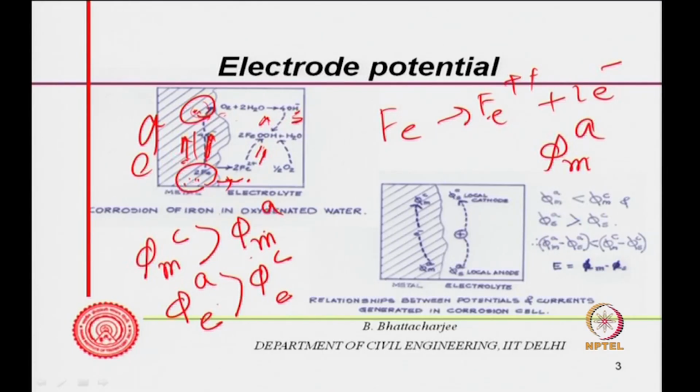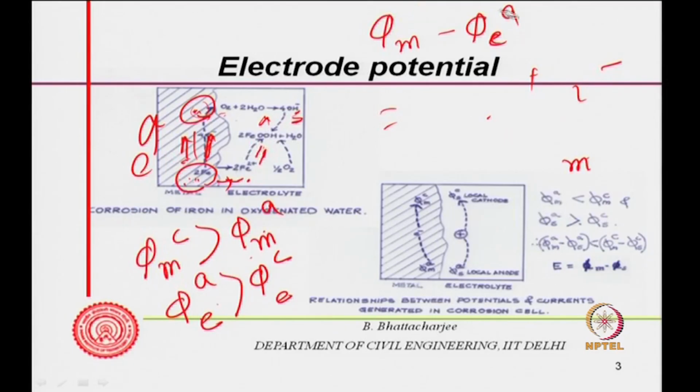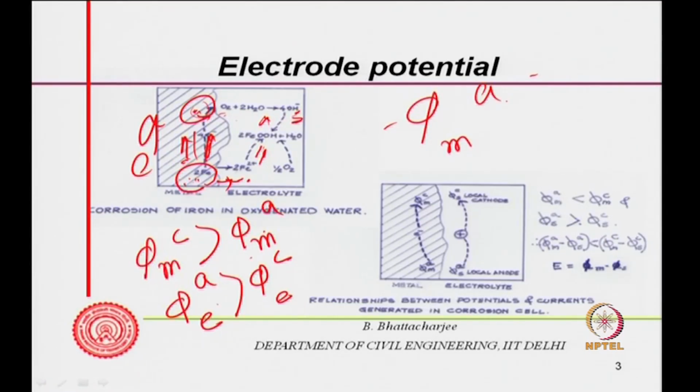Now, let us subtract the potentials. At the anode itself, find out the potential difference, phi metal anode minus phi electrolyte anode.